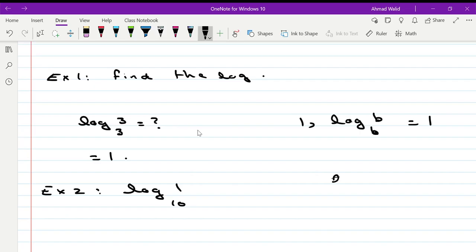If I have log of 1 base b, then my answer is always 0. Then the answer for this problem is 0. Correct? Later, when I explain the product and quotient rules, we will use more complicated problems of logarithms, and we will solve them for you, correct?